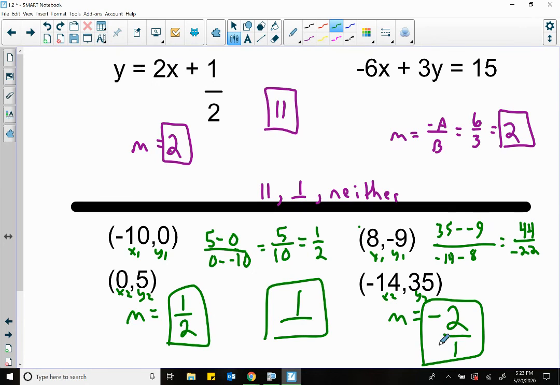Okay? If this was a +2, they would have been reciprocals of each other, but to be perpendicular, you would have to be opposite reciprocals. So if this was +2, they're not the same and they're not perpendicular, so we would have selected neither. Okay, but since they are opposite reciprocals, we select perpendicular.